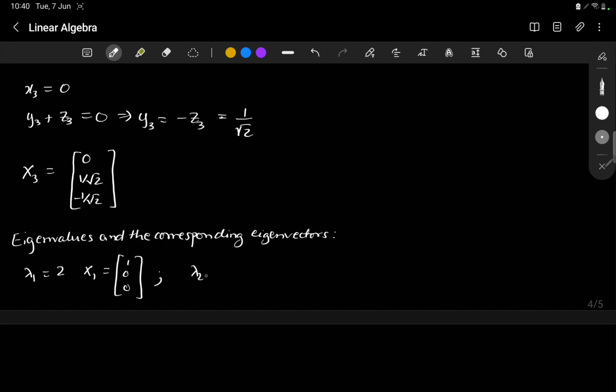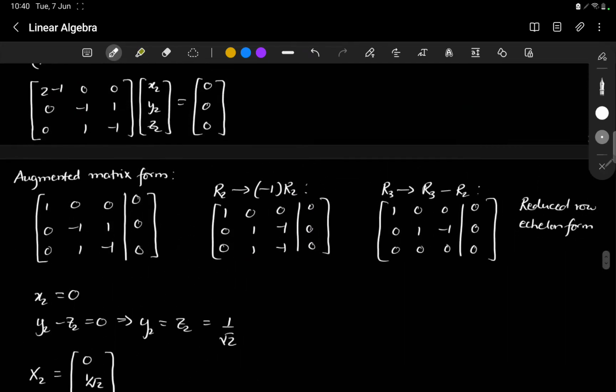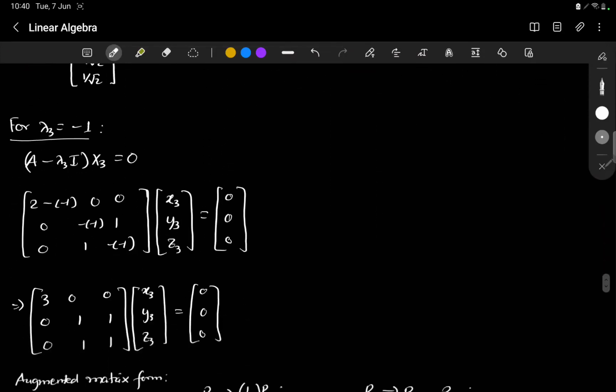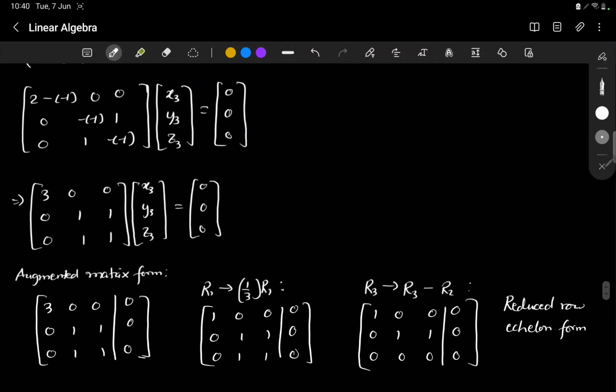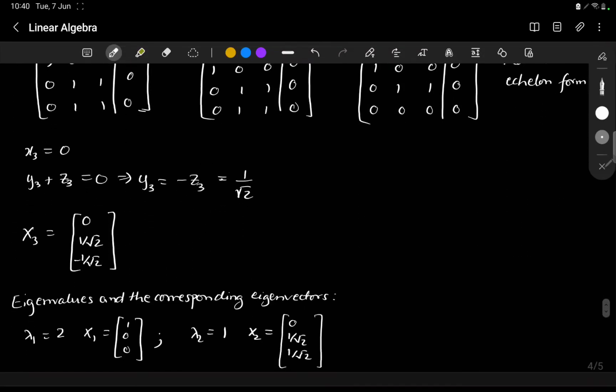Then we have lambda 2 equal to 1. And finally, for lambda 3 equal to minus 1, we have the eigenvector x3 as follows.